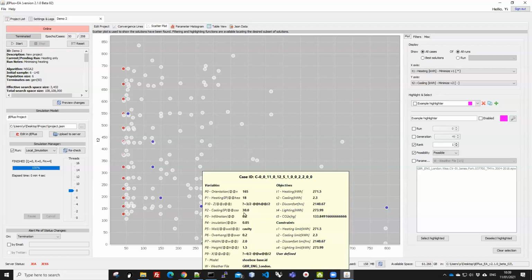And the reason is fairly straightforward. The cooling set point is 30 degrees, which means only when the space temperature rises above 30 degrees will the cooling be turned on. And in London, this doesn't happen very often. In Hong Kong, it'd probably still happen quite often, but in London, it's not.